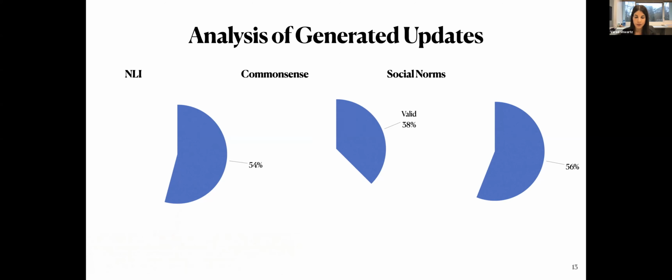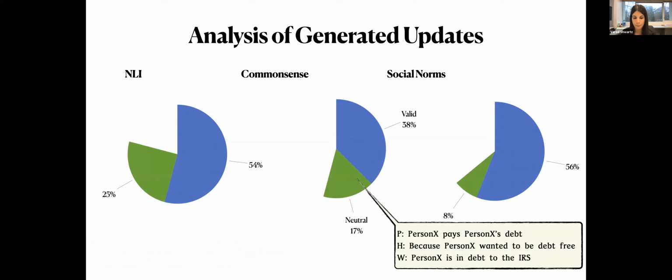We had a lot of examples that were update sentences that were neutral. They needed to either strengthen or weaken the hypothesis, but in practice they did neither. Here's an example: person X pays their own debt because person X wanted to be debt-free. And then the update sentence that was generated is that person X is in debt to the IRS.